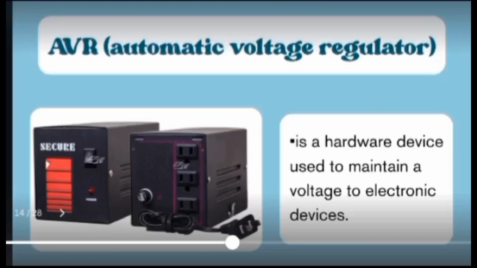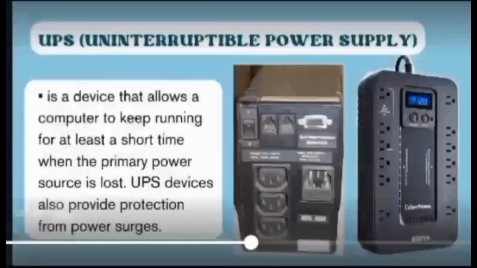It is also like a traffic cop for electricity. It directs the flow of power to keep it moving at a safe speed for your devices. So, for example, people in areas with unstable power often use an AVR for their TV or refrigerator to prevent them from breaking due to sudden power changes.